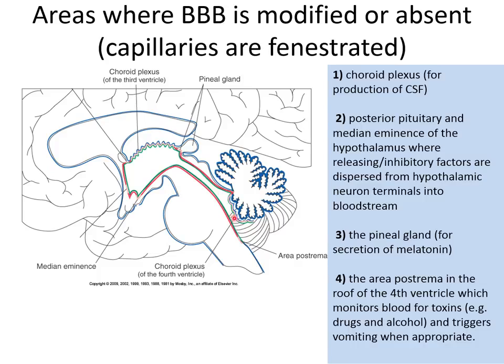And then in the area postrema, low down near the end of the fourth ventricle, this area allows material to get from blood into brain, and it monitors for various toxins, so that drugs and alcohol can influence that area more than some other areas, and may produce vomiting as a way of getting rid of something that has been taken in.